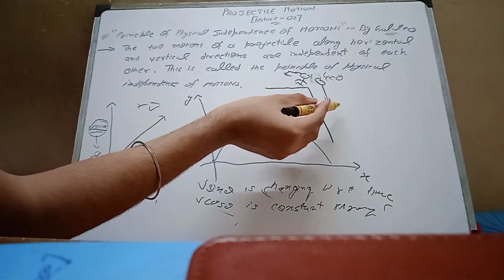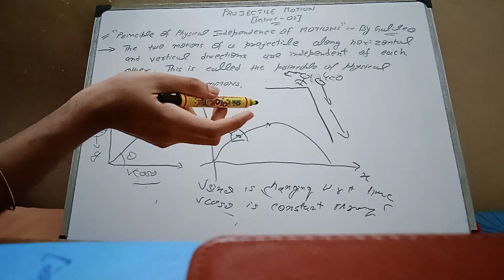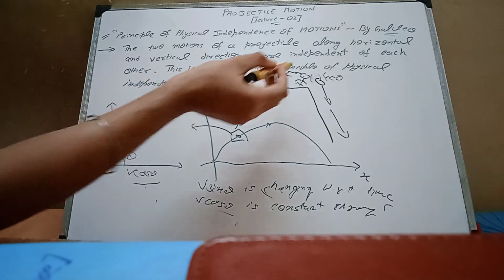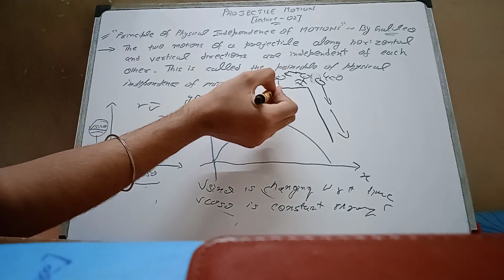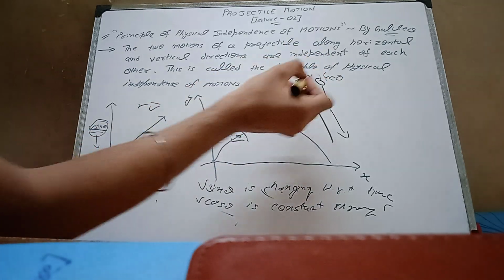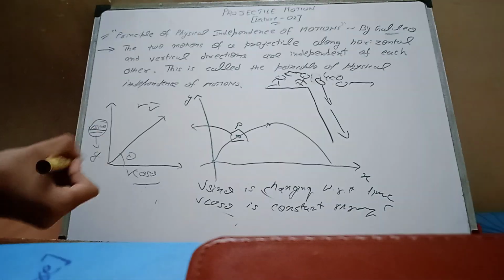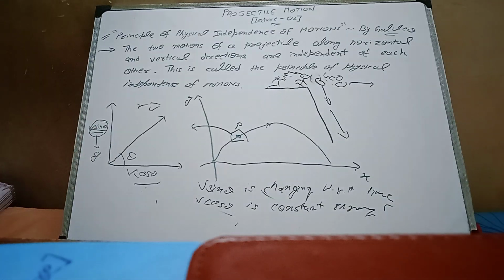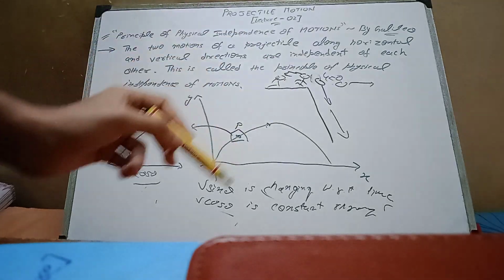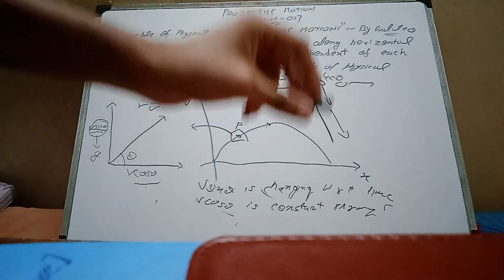And at the same time, simultaneously, another guy throws a ball horizontally with horizontal velocity, not vertical. He doesn't provide any vertical velocity. See this, one guy, not this one.